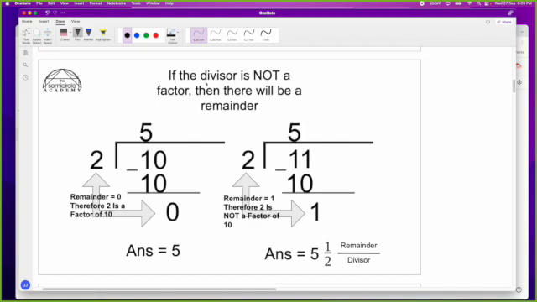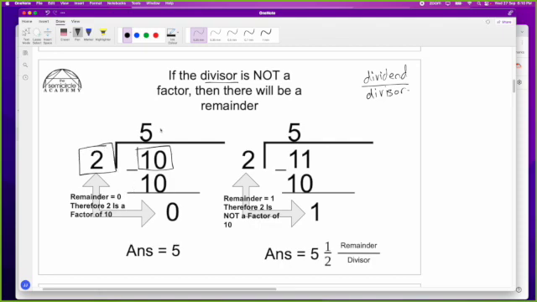The divisor is the thing that is doing the dividing. Think about it like the Terminator, right? The Terminator does do the terminating, right? So you have the dividend. That is the thing that is being divided. And then it is being divided by the divisor. So you're seeing here 10, the dividend, is being divided by 2.